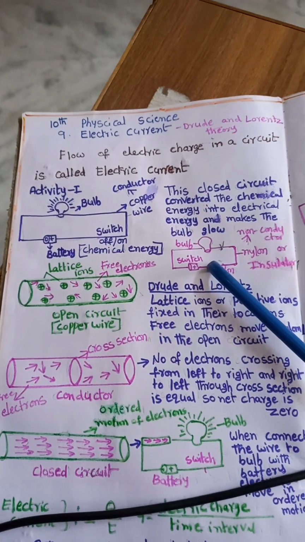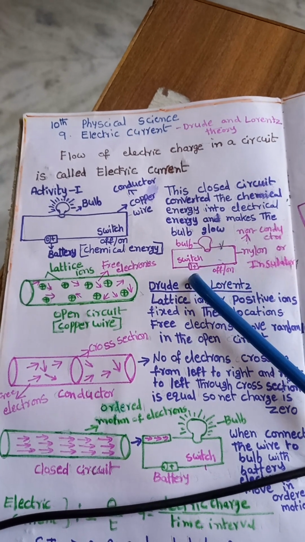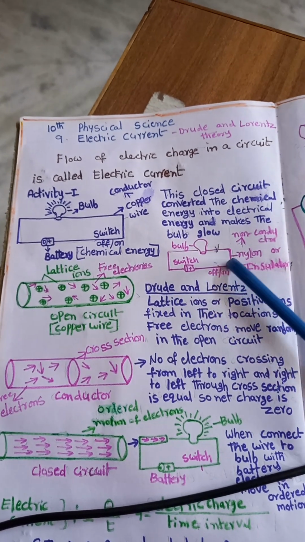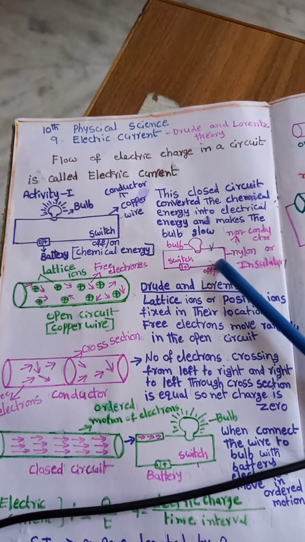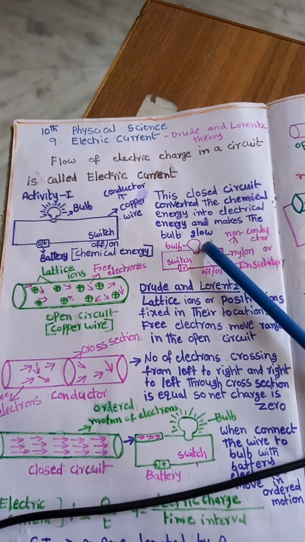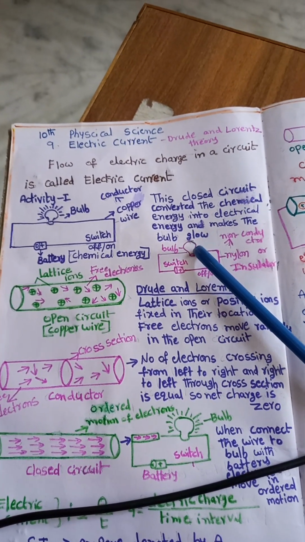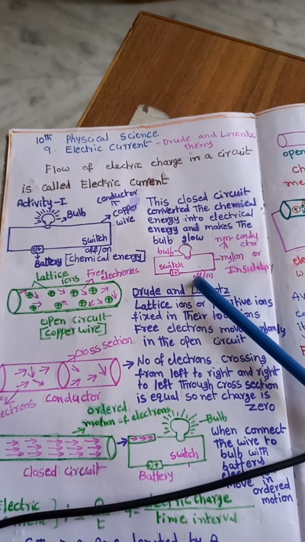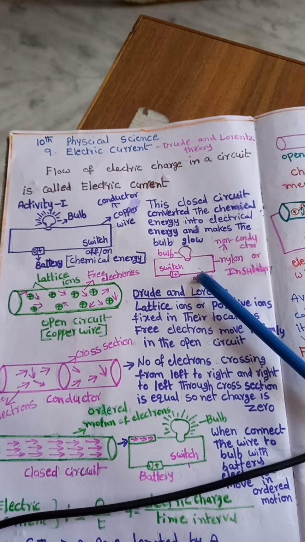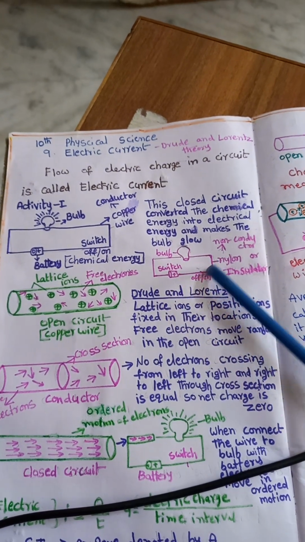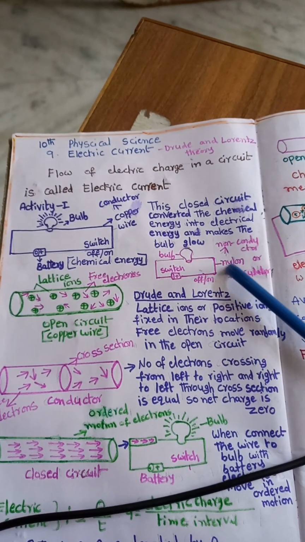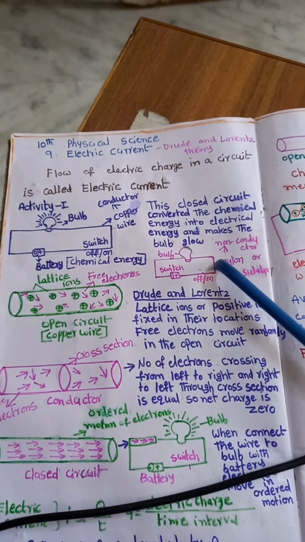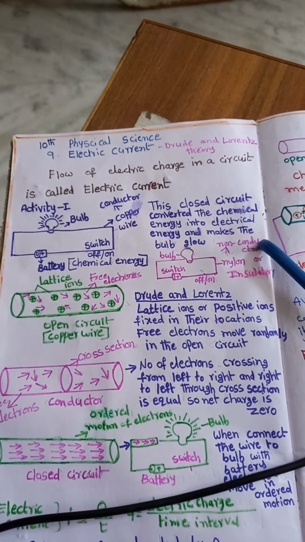When we connect the bulb and battery with a nylon, then you observe the bulb cannot glow. Why? The nylon cannot pass the electricity from battery to bulb. Why? This nylon is a non-conductor.